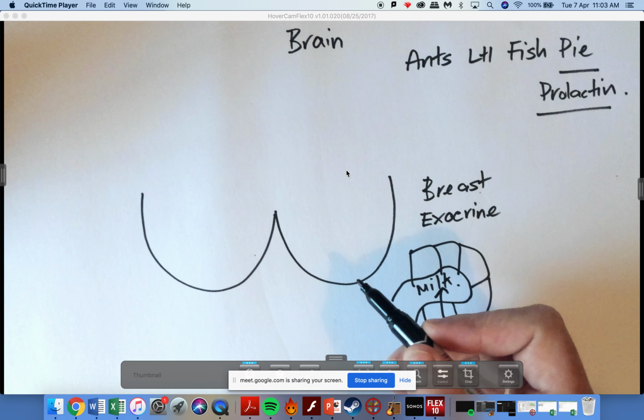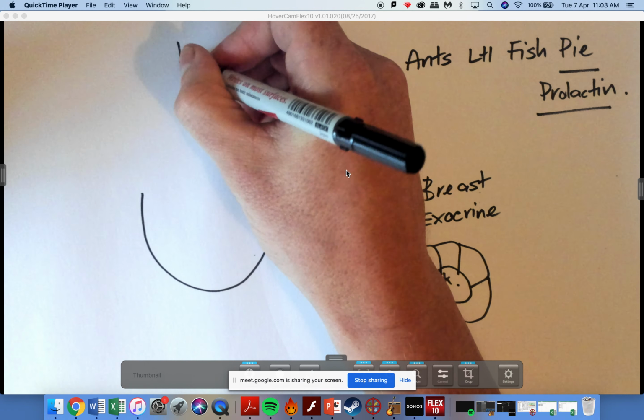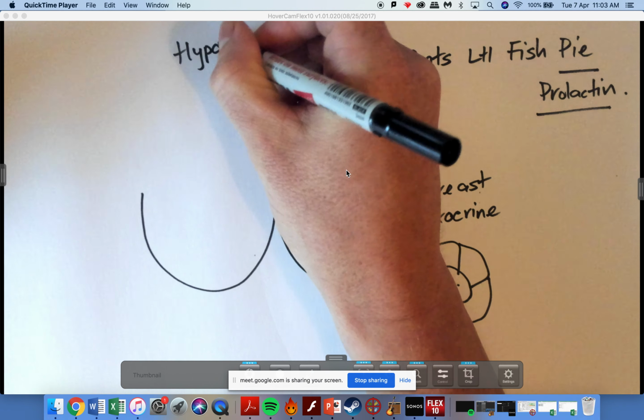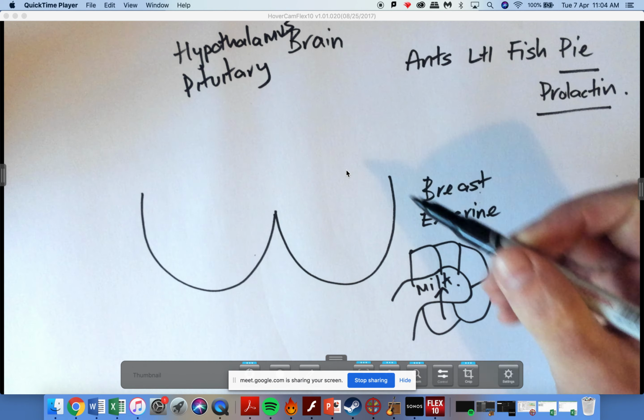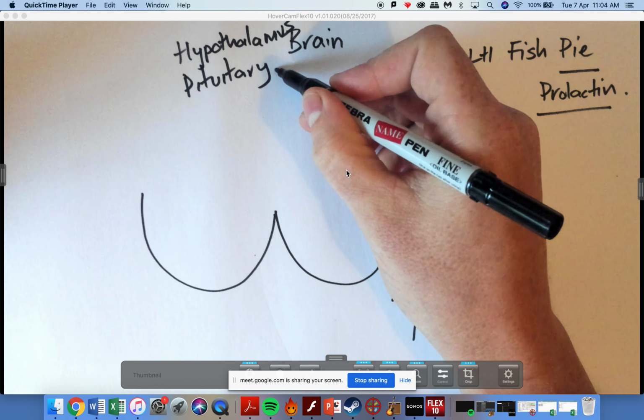Okay, so the brain's involved in this, and so normally the brain and the hypothalamus and the pituitary will not be signalling the breasts to create milk. That's only going to happen towards the end of pregnancy. So prolactin is the first one, which is going to come down.